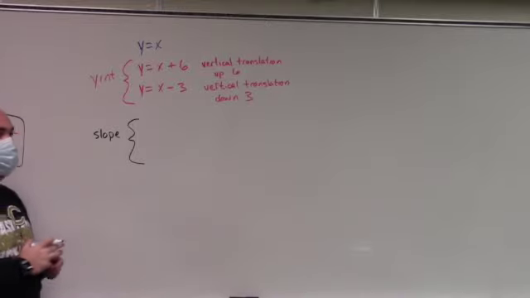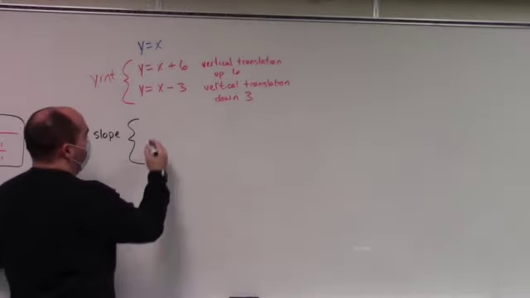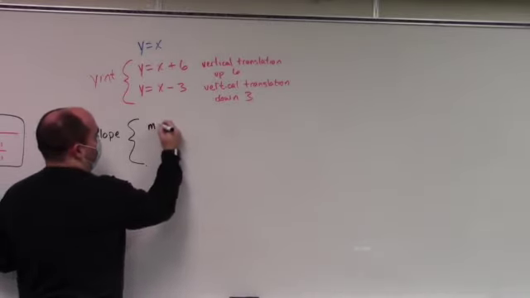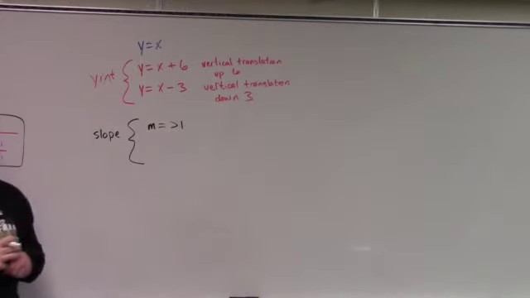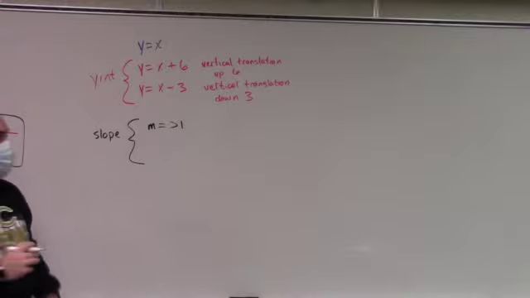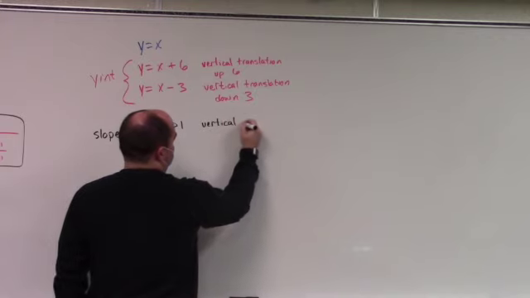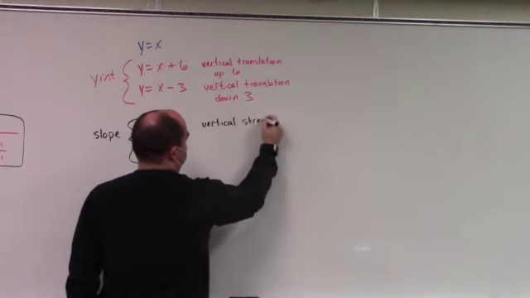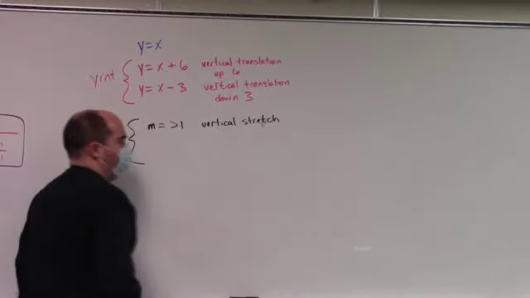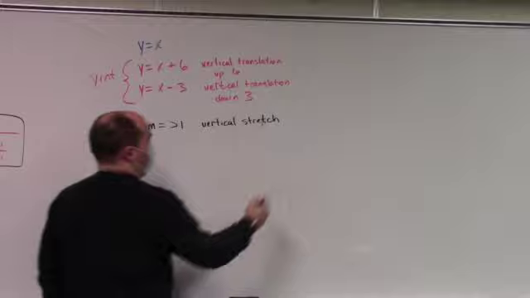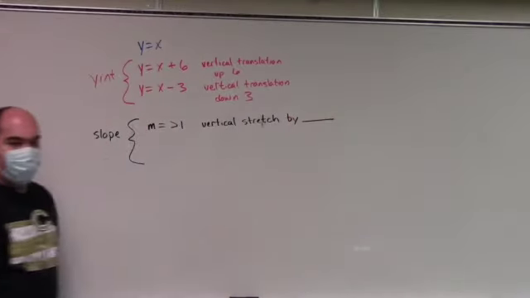If you're changing the slope, there's a couple things that can happen. So, if the slope is greater than 1, you're going to have a vertical stretch by whatever number it is.